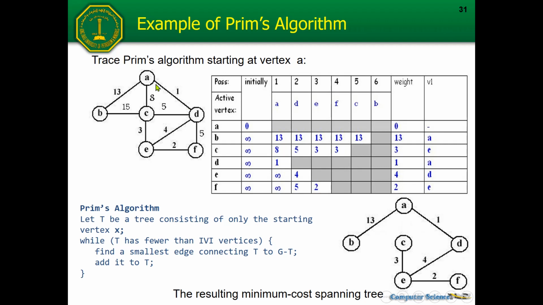Then you insert that next vertex into the starting vertex, and repeat the step by finding the edges that connect the T with the rest of the graph, and find again the minimum one. So for Prim's you need to determine the starting vertex. If you choose a different starting vertex, then maybe you will get a different answer.